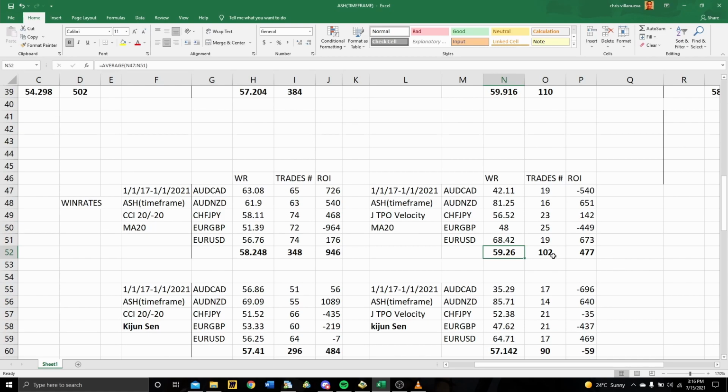We got a little bit of trades, not too many, just like CCI, it's still around 300-ish trades, 300, 350. But yeah, the ROI here, we don't really care that much at this point about the ROI. I just put it there for comparative reasons, and we're not really optimizing for ROI at this point though.